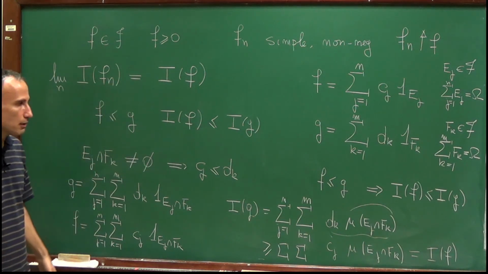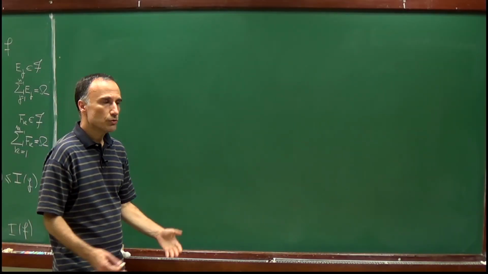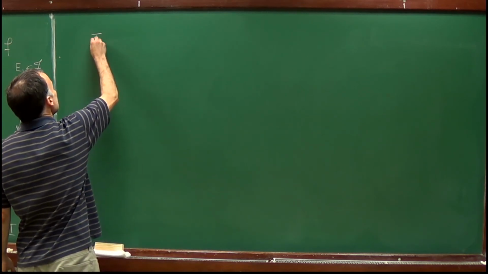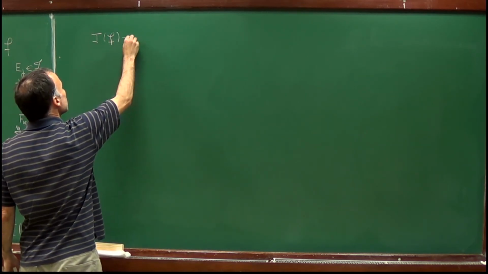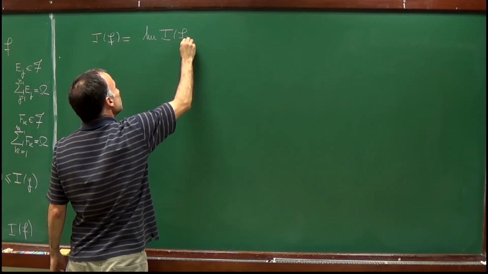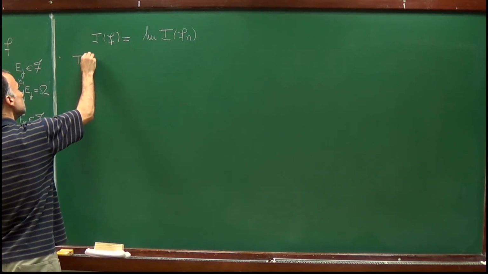And this is our next theorem. So in order to show that the integral of f is well defined by this formula, I of f equal to the limit of I of fn, we have to prove the following theorem.